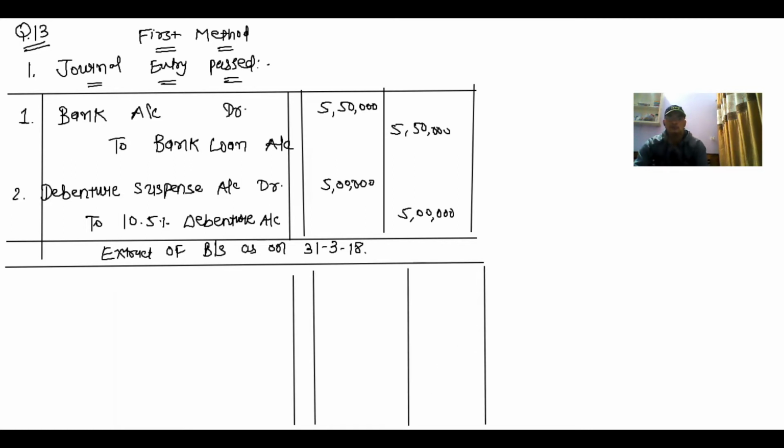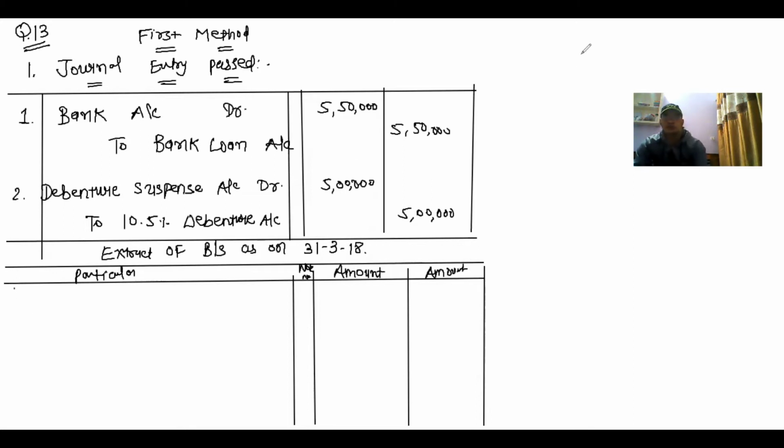That's it. Particular, note number, amount, amount. Now this is the liability part.